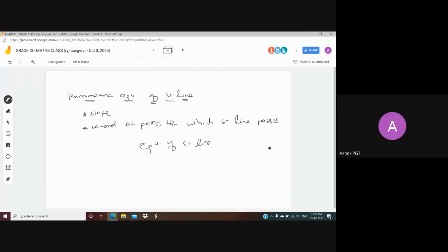Students, can you hear me? But in this parametric equation, the equation of the straight line will be given, and we will find out the coordinates of the points through which the line passes.